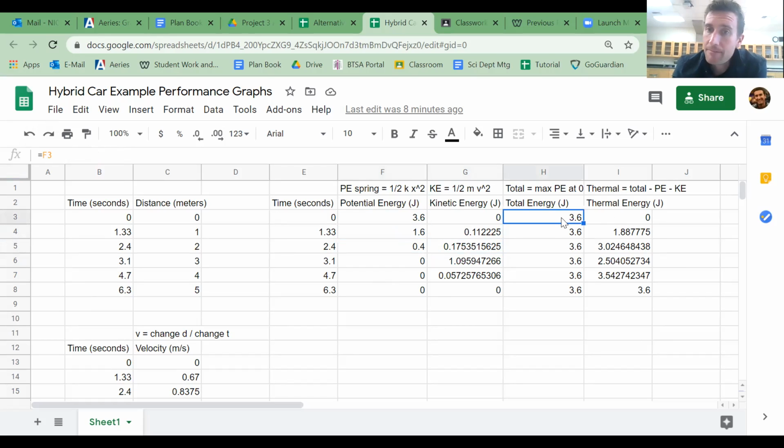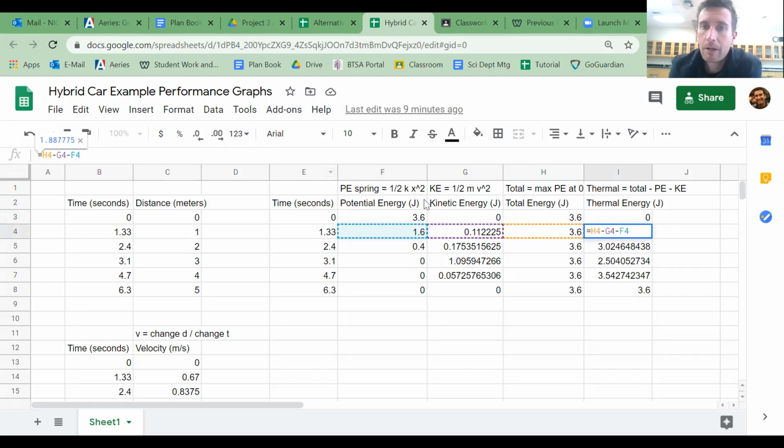My total energy is going to be equal to my initial potential energy, my maximum potential energy. So that was 3.6. So I just made 3.6 all the way down, right? That equals F3, which is my potential energy at that point. And then finally, for thermal energy, my thermal energy is going to equal my total minus, so here I'll show you how that works.